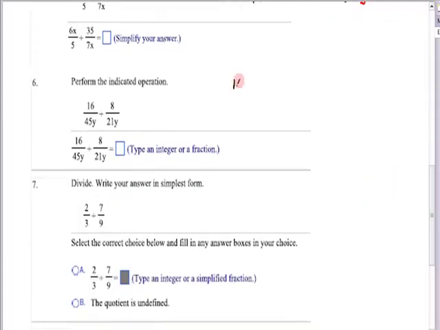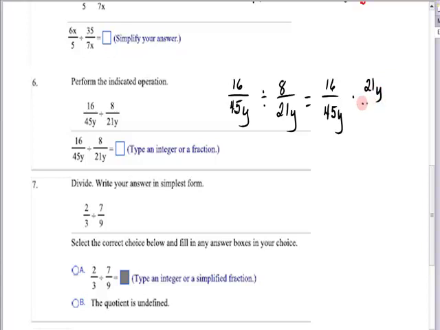All right, I have on number 6, 16 over 45y divided by 8 over 21y. So keep 16 over 45y times 21y over 8. I've done keep, change, flip. It's time for me to see if I can do any reducing or bow tie.